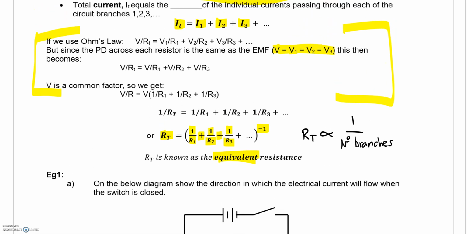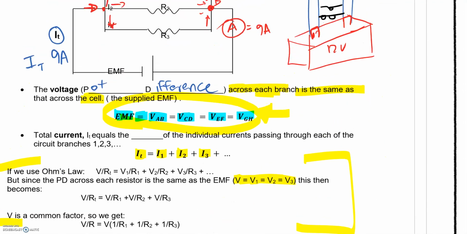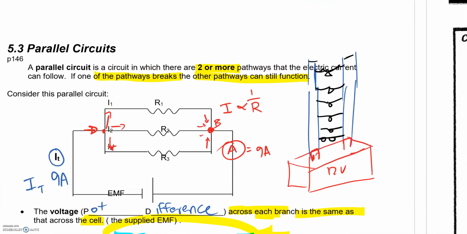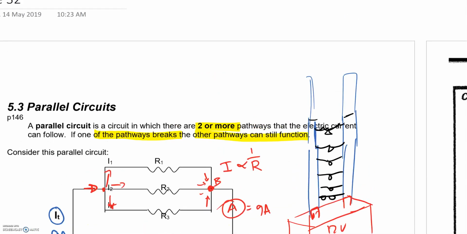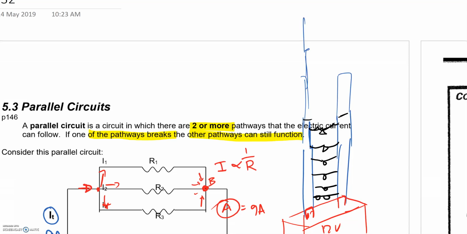So if I went back up to my awesome drawing of a 12-volt battery, the longer I made these terminals, if I made them super long up to there, and the more of these light globes I added, in fact, the less the total resistance would be.